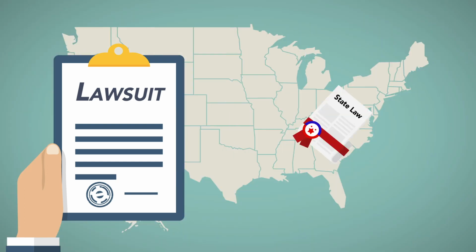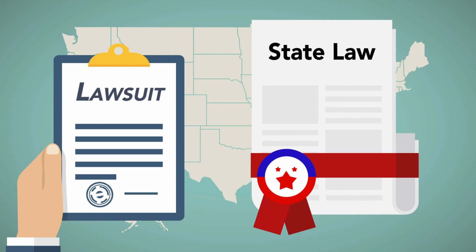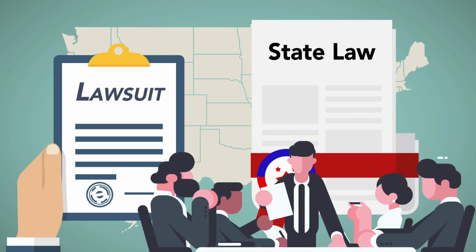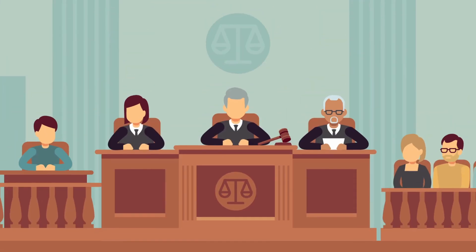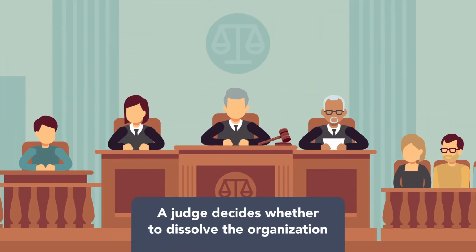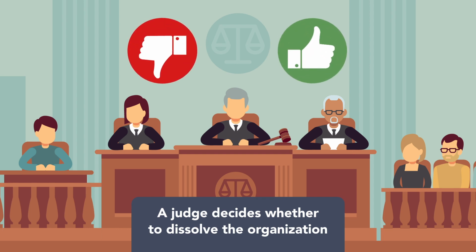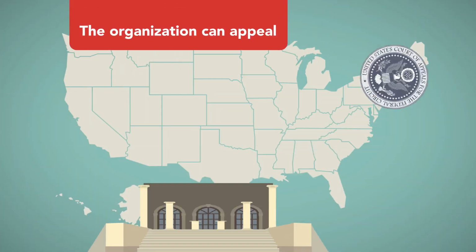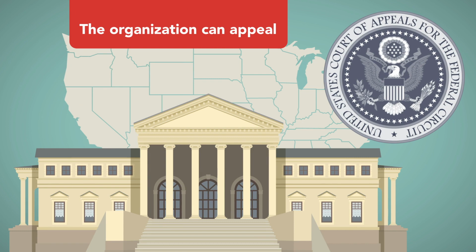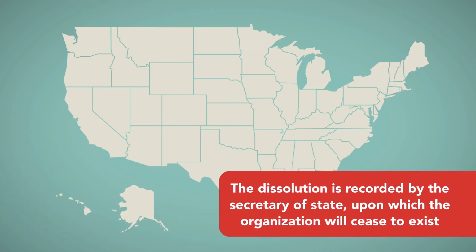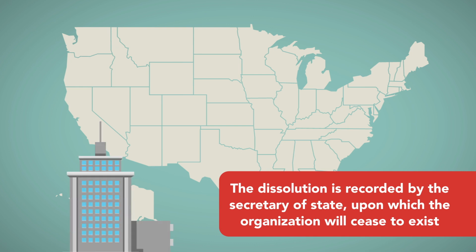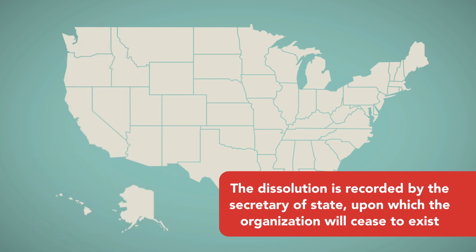Such a lawsuit, depending on state law, may also be filed by the organization's board members or by another proper plaintiff. The matter is then litigated by the parties, and a judge decides whether to dissolve the organization. The organization can appeal, but once appeals are exhausted, the dissolution is recorded by the Secretary of State, upon which the organization will cease to exist.